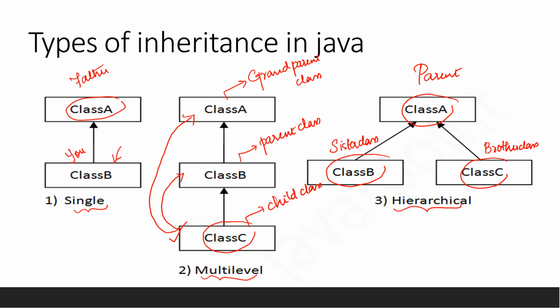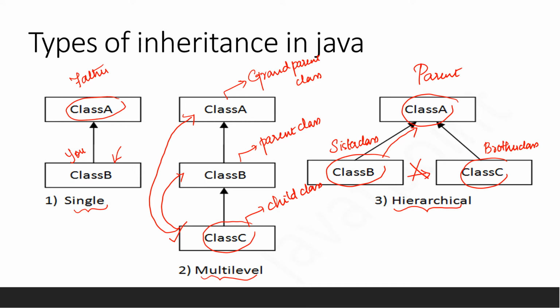And one condition to note here is that this class B will be able to access only the variables and methods of class A, and it will not be able to access the variables and methods of class C. No, it can't.